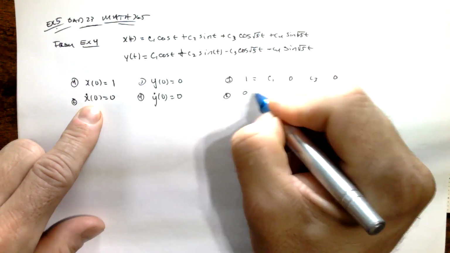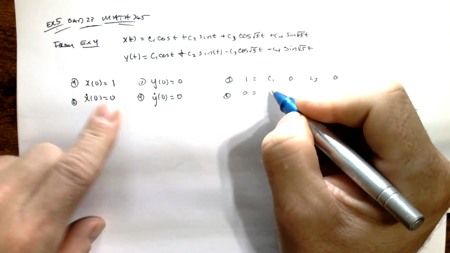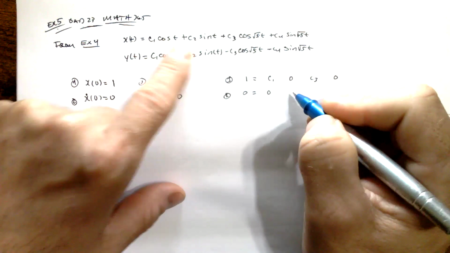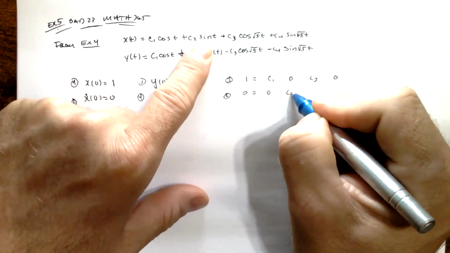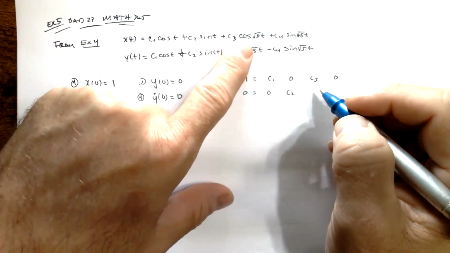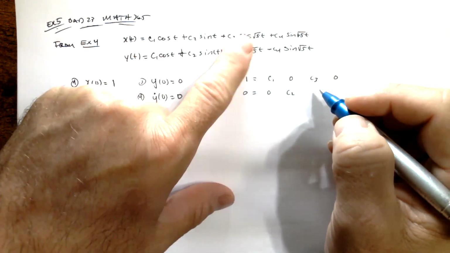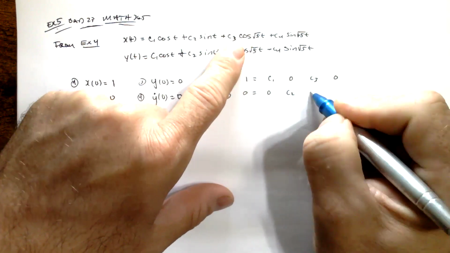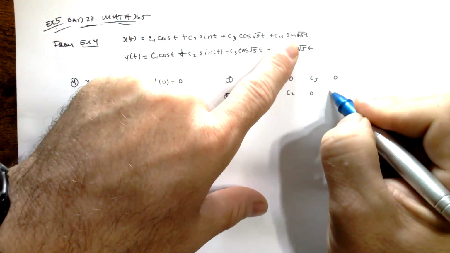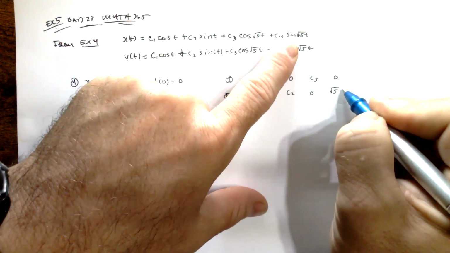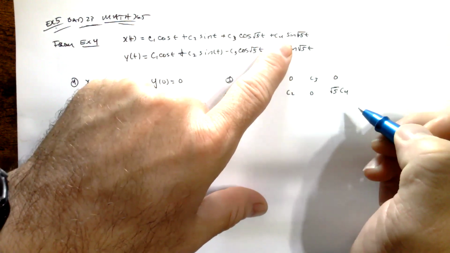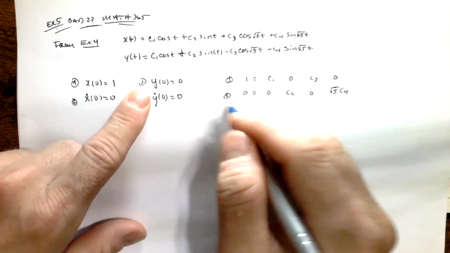The derivative of cosine is negative sine, so that's 0. Then the derivative of sine is cosine, which gives us C2. Then the derivative of this cosine is a sine, so that gives us 0, and the derivative of the sine is square root of 5 times cosine, which gives a 1, so this is square root of 5 times C4.